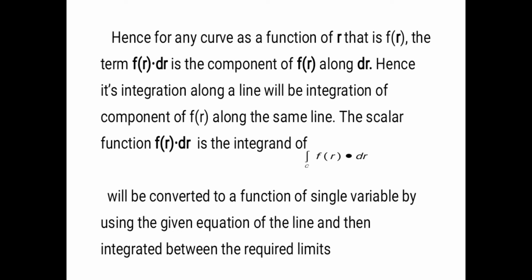Given equation of the line in the sense, here the line is the relation between variables, an equation containing variables, and then the integrand f of r dot dr will be converted to a function of a single variable and integrated between the required limits.